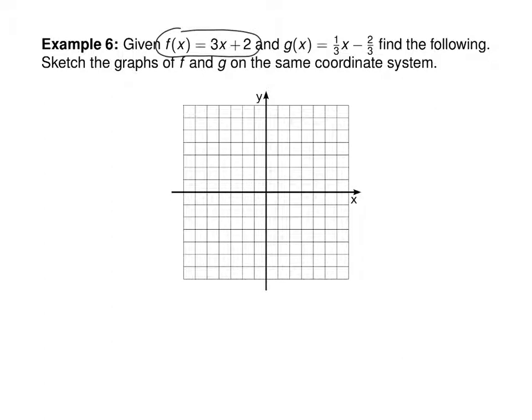Okay, where does f of x start? At what number on the y-axis? 2. And then it rises 3 and it runs 1, right? Or goes down 3 and backwards 1. It's just a line, no freaking out necessary.